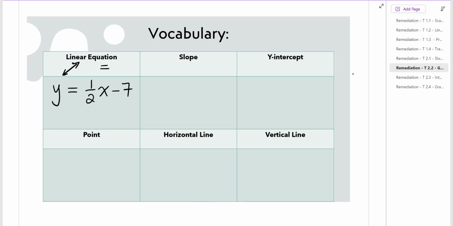Slope is the letter M, okay? So M represents slope. And then circle 1/2. So, en este caso, y igual 1 sobre 2x menos 7, 1 sobre 2 es slope. So, necesitas dibujar un círculo.